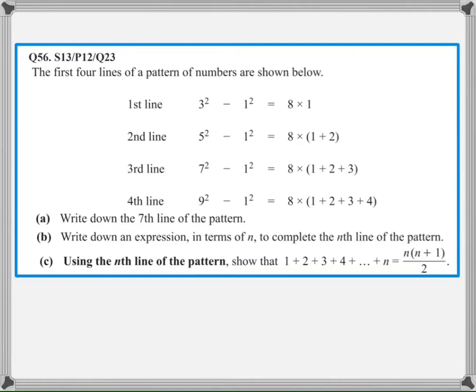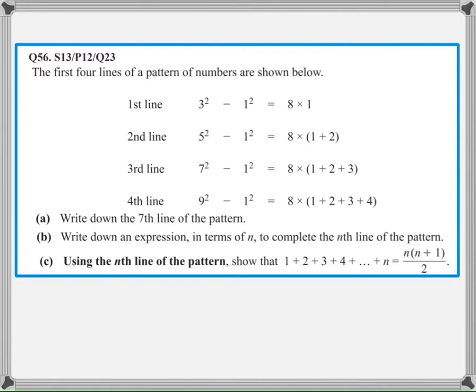Seventh line, 15 square. Eighth line, 17 square, and so on. So you get a series of odd numbers starting with 3. Of course, again, it's an arithmetic progression, commonly known as AP. Write down the 7th line. That would be easy. Write down an expression in terms of n to complete the nth line of the pattern.